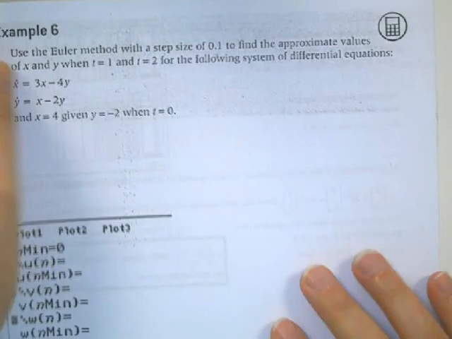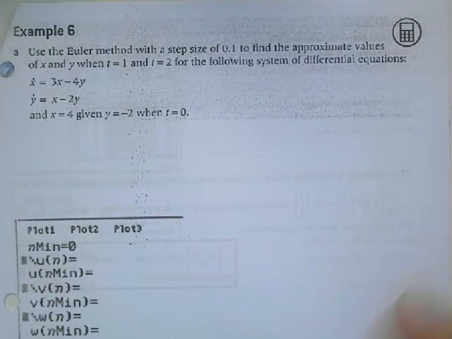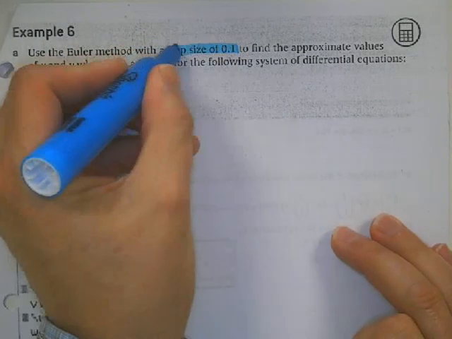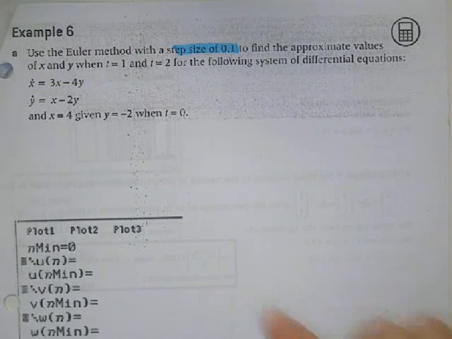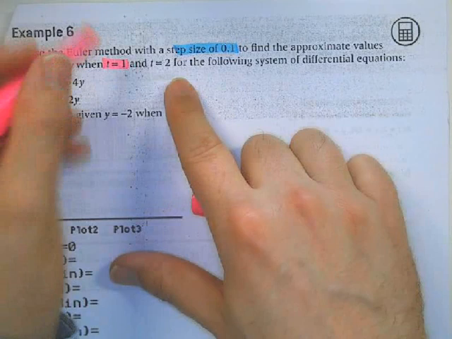So let's do the next one together, which is a problem that I found in the textbook from the Oxford book. Use Euler's method with a step size of 1.0 to find the approximate values of x and y when t equals 1 and when t equals 2.